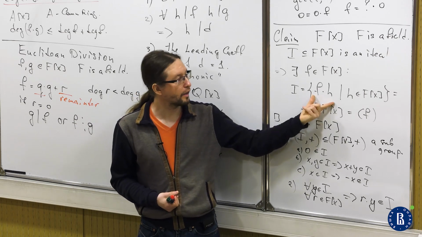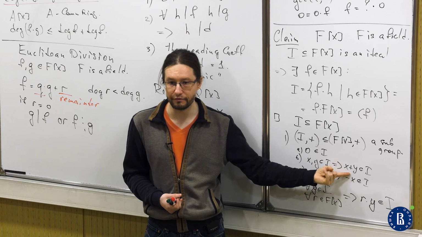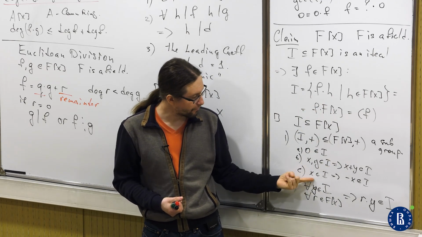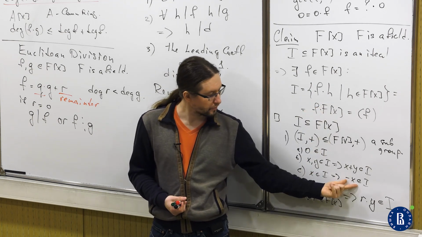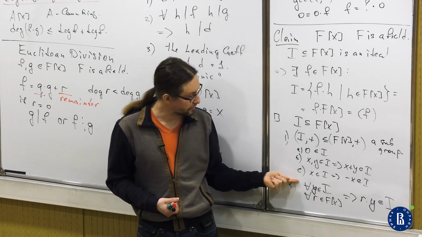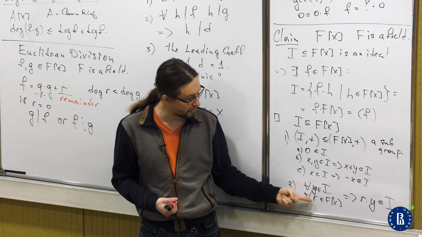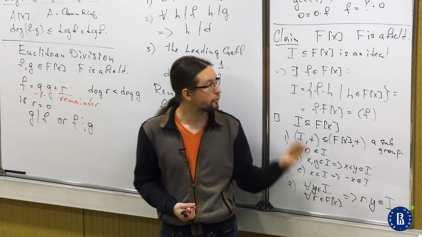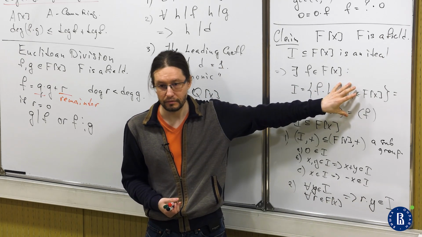If we have two polynomials divisible by f, then their sum is divisible by f, because we can move out the factor f. And if we have a polynomial divisible by f, then minus this polynomial is also divisible by f. So these three properties are satisfied. And if we multiply something divisible by f by something else, we will get something divisible by f.